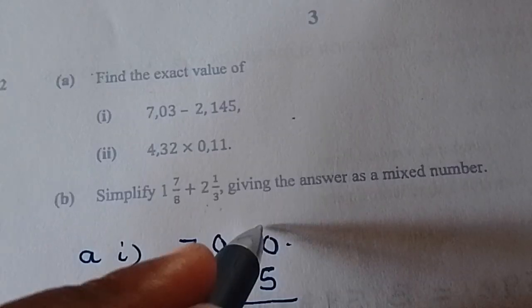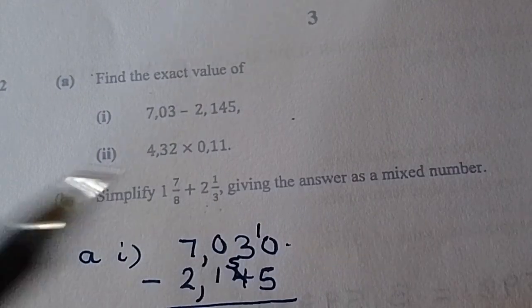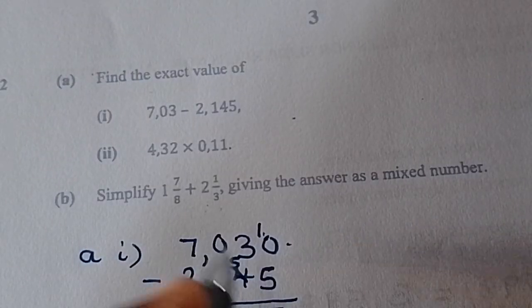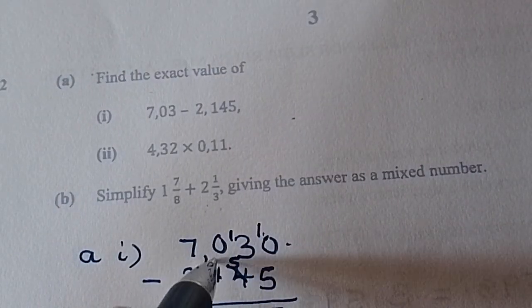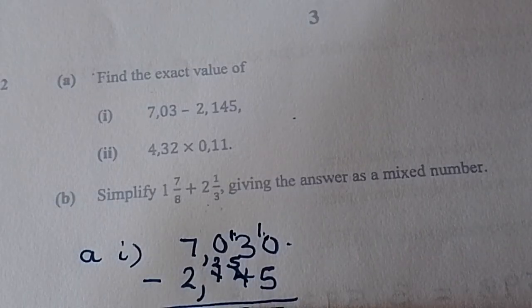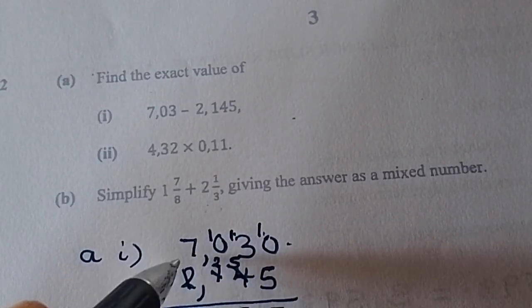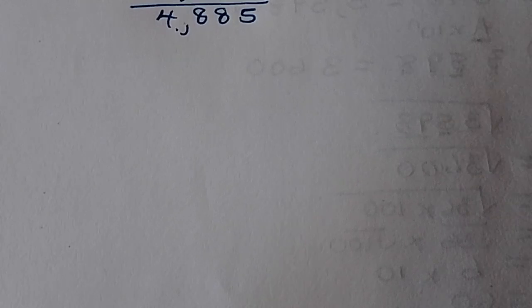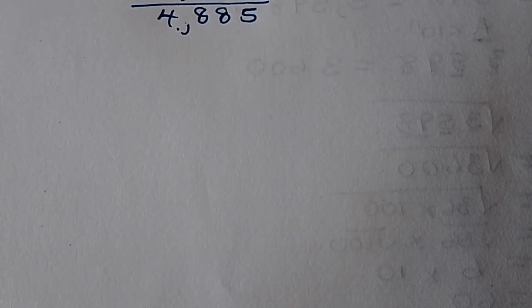Then we subtract: 10 minus 5 is 5; 3 minus 5 can't, so we borrow 1 unit there, 13 minus 5 is 8; 10 minus 2 is 8; 7 minus 3 is 4. So our answer is 4.885.